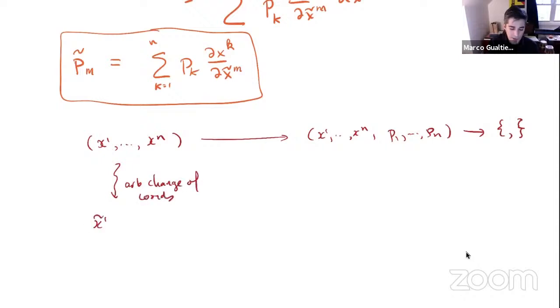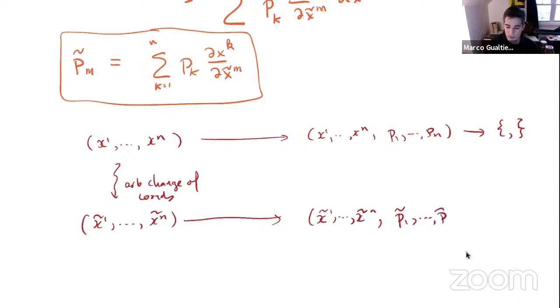If you make an arbitrary change of coordinates to the x tildes, when you make that change, you will know the x tildes as a function of the x's. So the relationship between the x's and the x tildes is known. But from this, we automatically get the doubled coordinate system. So we get the p tildes.